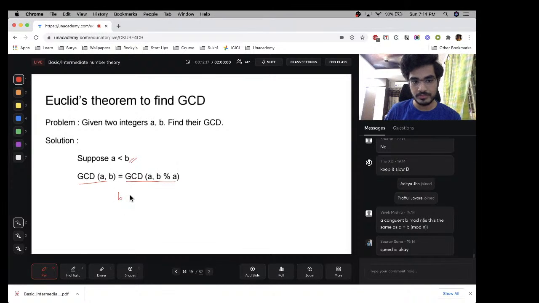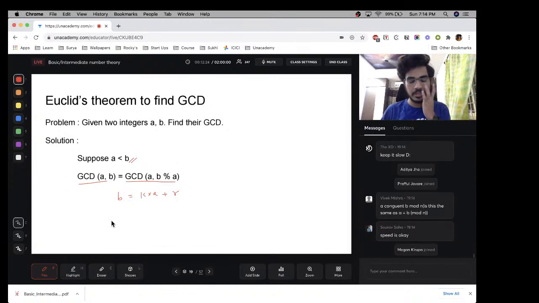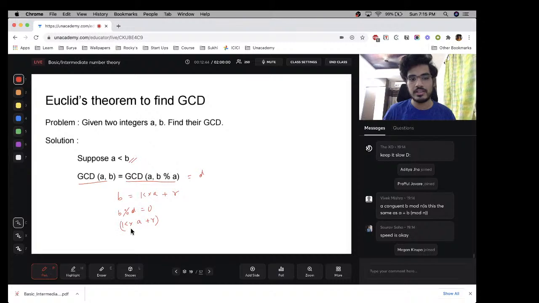Suppose b equals k into a plus r. Then the GCD of b comma a, if it is d, then what is b mod d? It equals 0. That means k into a plus r mod d equals 0.